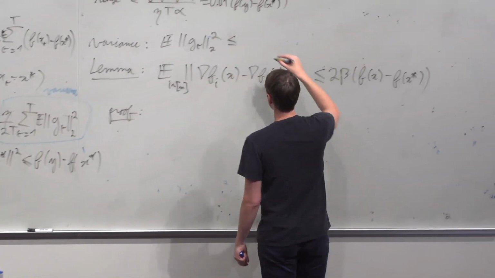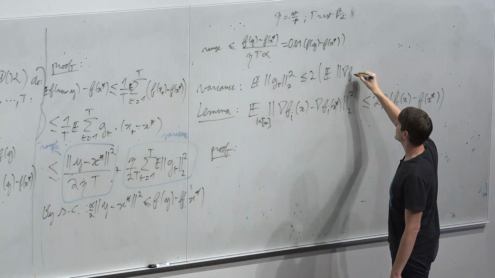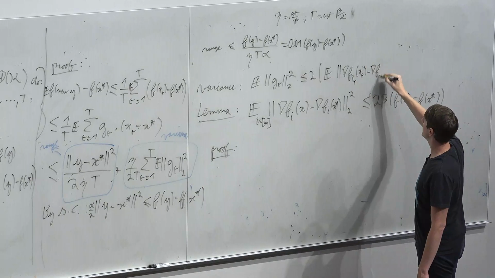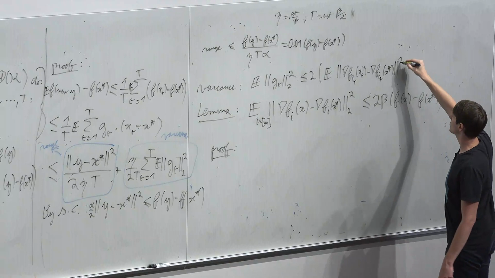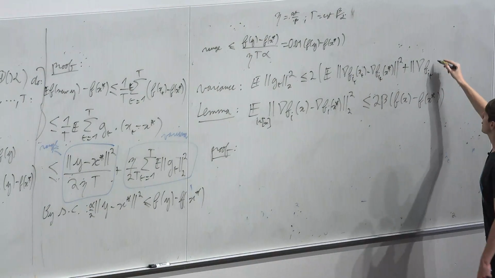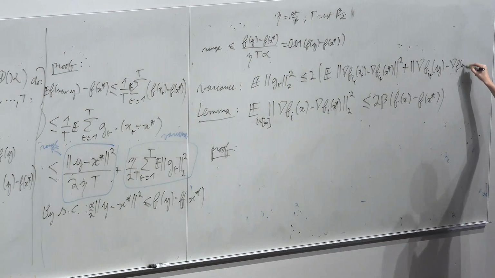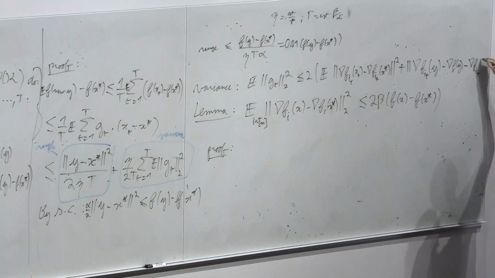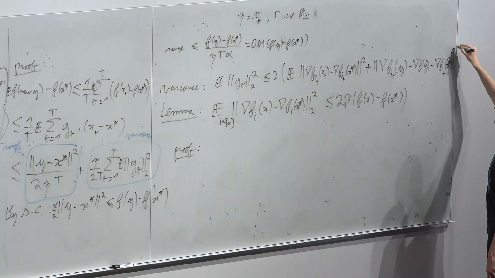So this is bounded by 2 times the expectation of the norm of grad fi t of xt minus grad fi t of x star, L2 norm squared, plus grad fi t of y minus grad f of y minus grad fi t of x star, squared, in parentheses.